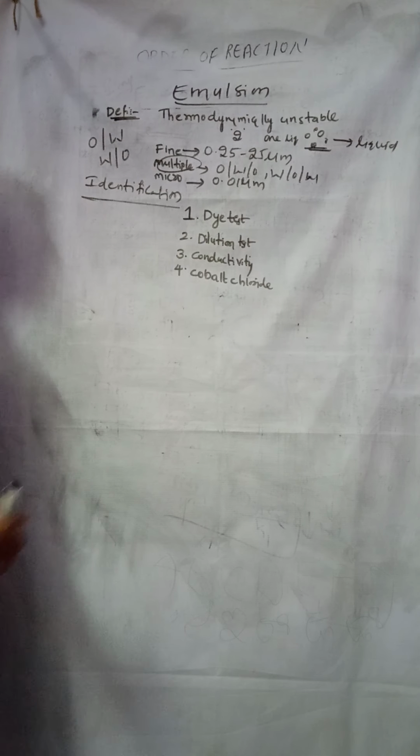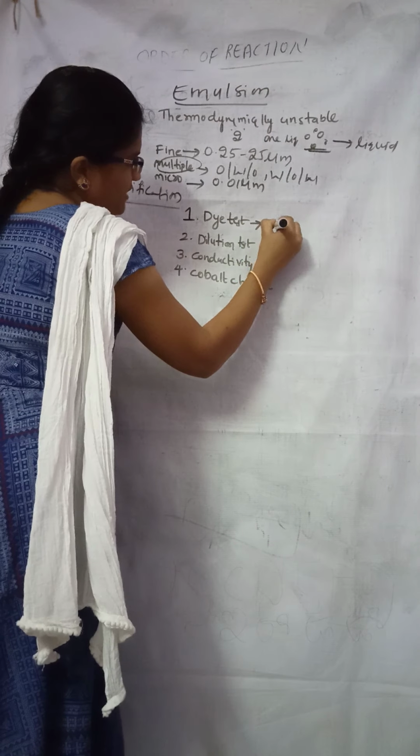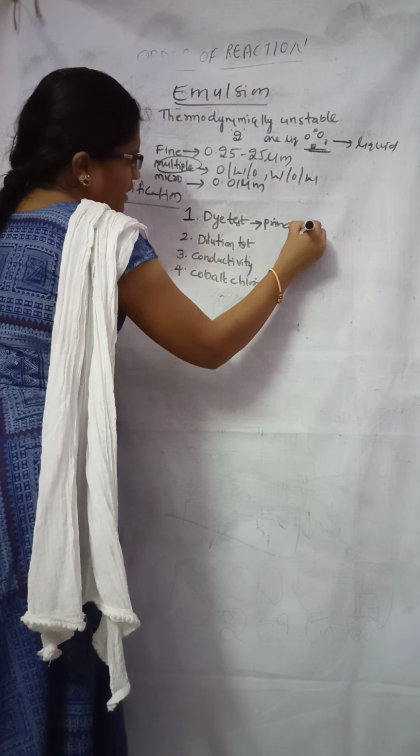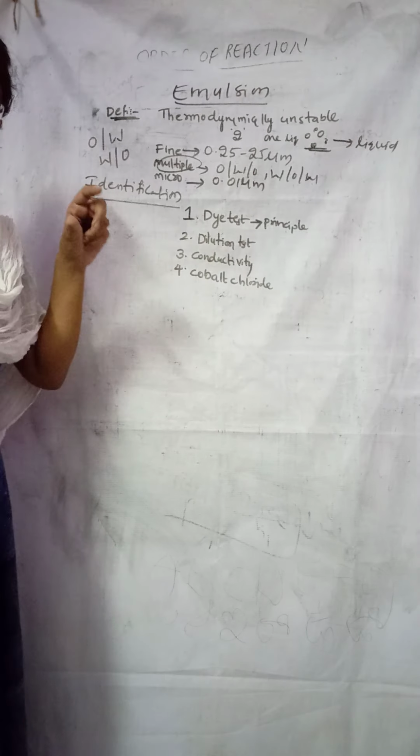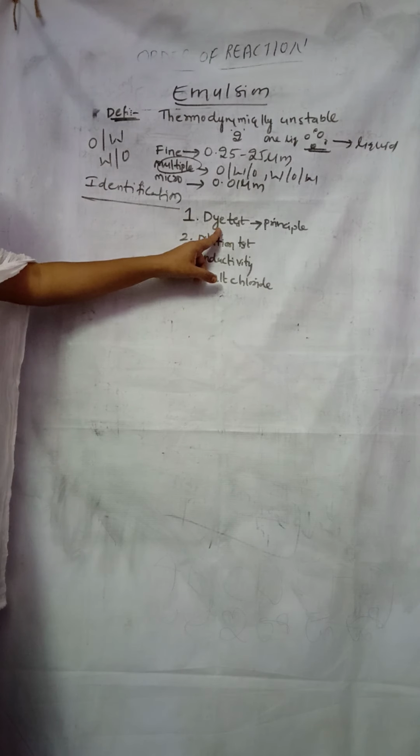So the first one is the dye test. The principle here is that we consider in which portion the dye you are adding to the emulsion is more soluble, and that will be considered the type of emulsion. Okay, so in which medium it is solubilizing more.